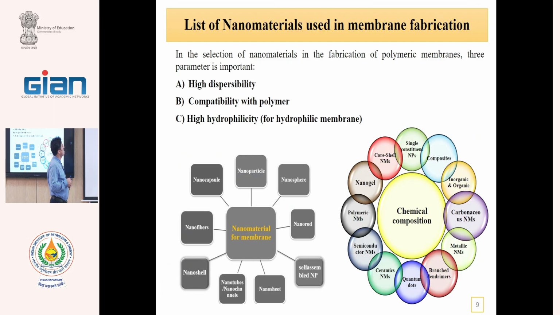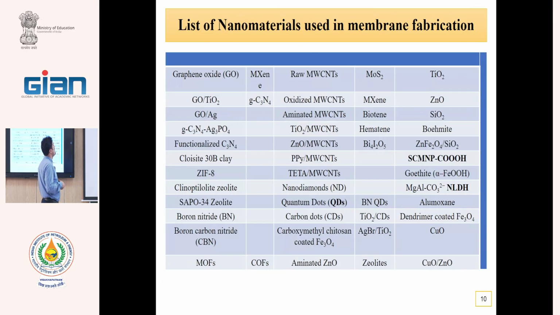The nanoparticle should have high hydrophilicity or high hydrophobicity. Some nanoparticles have very few functional groups. Because we use low amounts, 1% to 2%, few functional groups is not good. It is better to use nanomaterials with high functional groups, such as dendrimers, for fabrication of membranes.